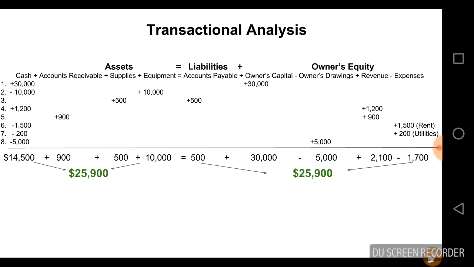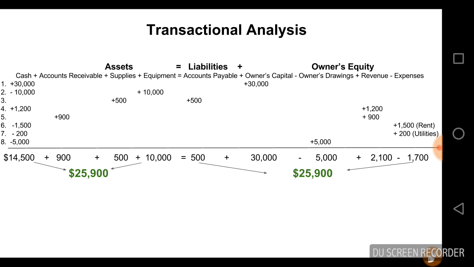The seventh transaction, the owner paid $200 for utilities, paid a utility bill. So your cash decreases by $200 and your expenses, utilities expense, increases by $200. Okay, and that's a separate account, utilities expense.